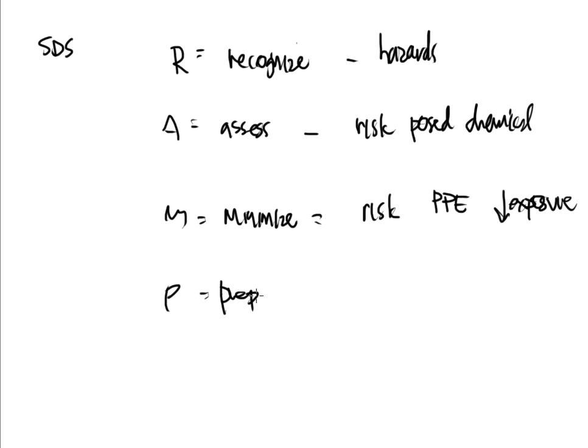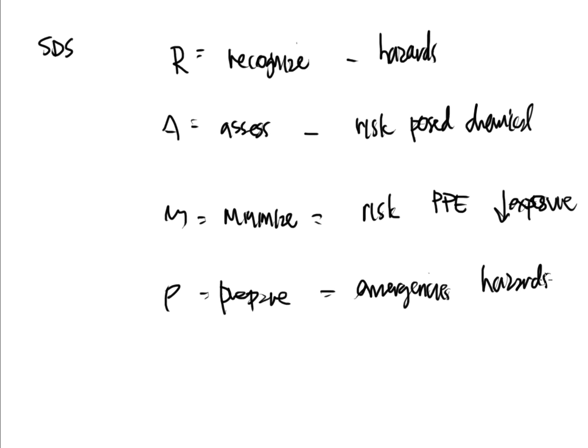And finally, prepare. Well, what do we want to prepare for? We want to prepare for the emergencies that can happen based on the hazards that are associated with the chemical. Meaning that if we're using a chemical in a laboratory and we've done our duty and looked up the SDS and we understand what could possibly happen with this chemical, well, we need to be ready for if that does happen.